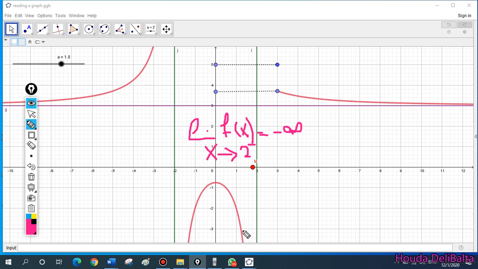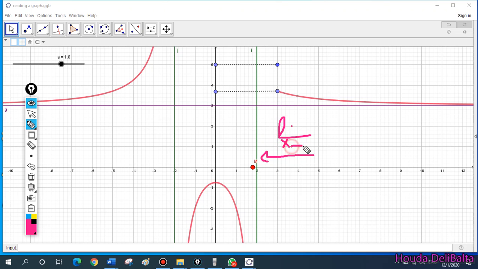Now let's talk about the limit at 2 plus. So as x approaches 2 from the right, the limit as x approaches 2 plus of f of x is, so again we move the slider.